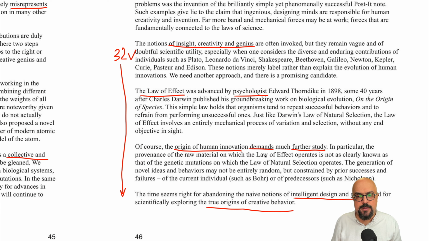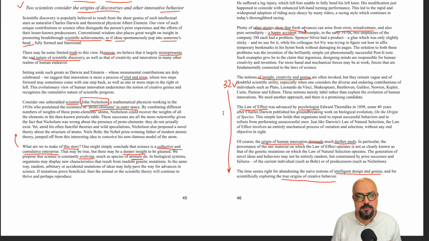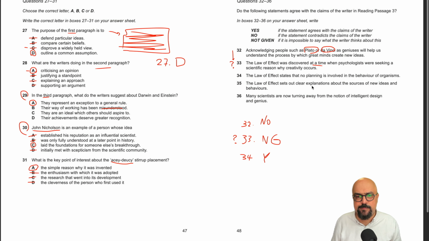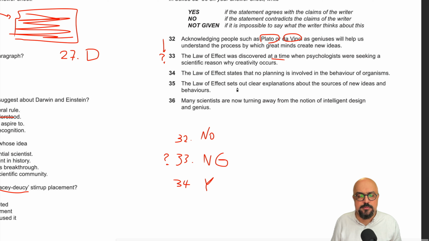The law of effect is not as clearly known as that of natural selection. Is there seem to be those clear explanations about the source of new ideas? No, it's in fact the opposite. There's no clarity there. So 35 is no.